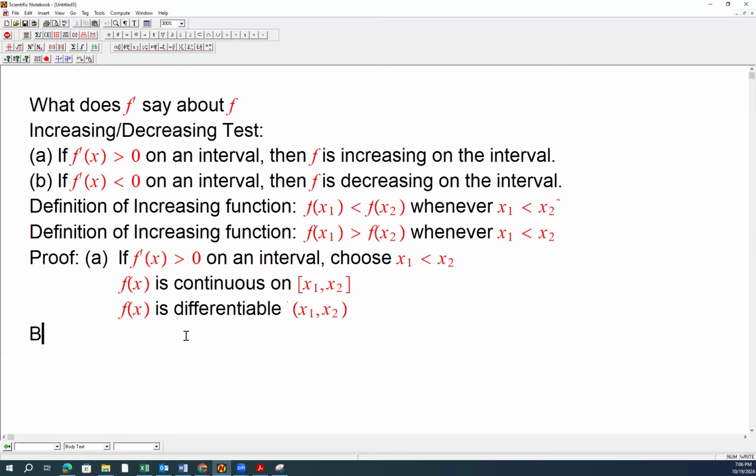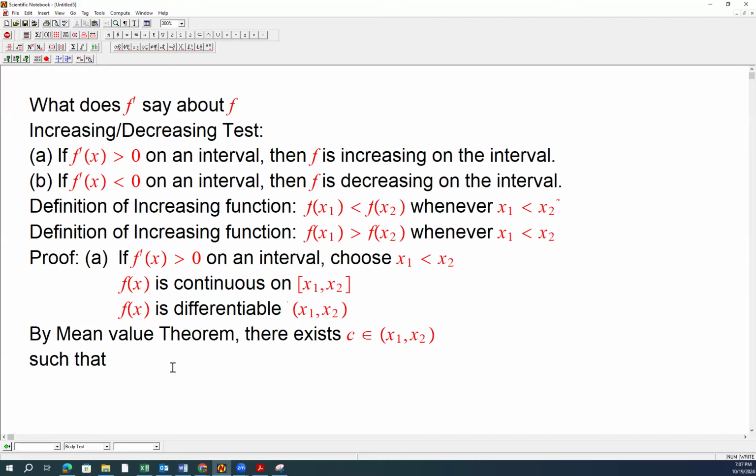So by the mean value theorem, there exists a number c inside the open interval (x1, x2) such that we write the conclusion of the mean value theorem: f of x2 minus f of x1, over x2, that's b, minus x1, that's a, equals the derivative at c.